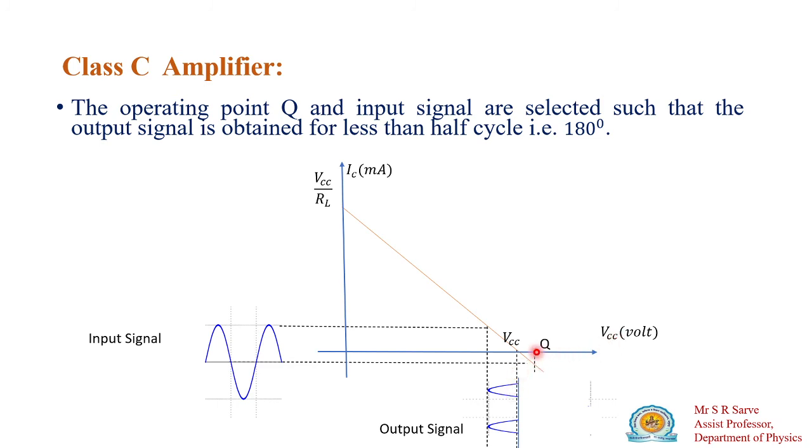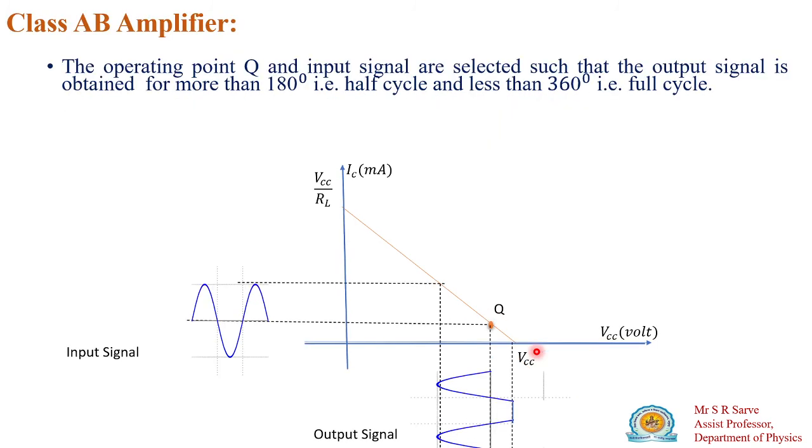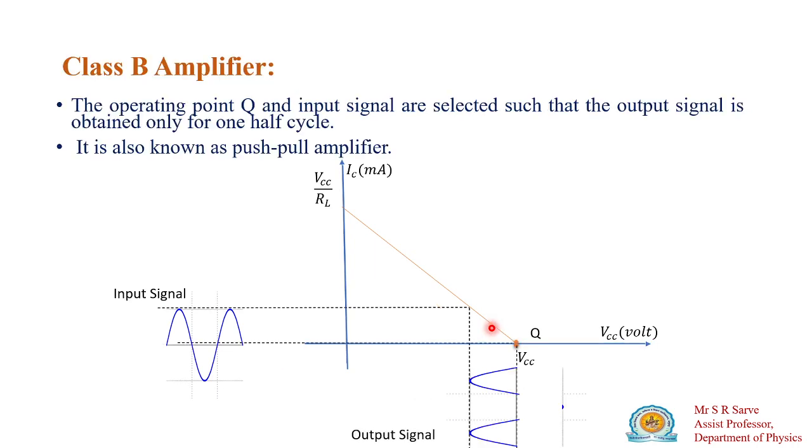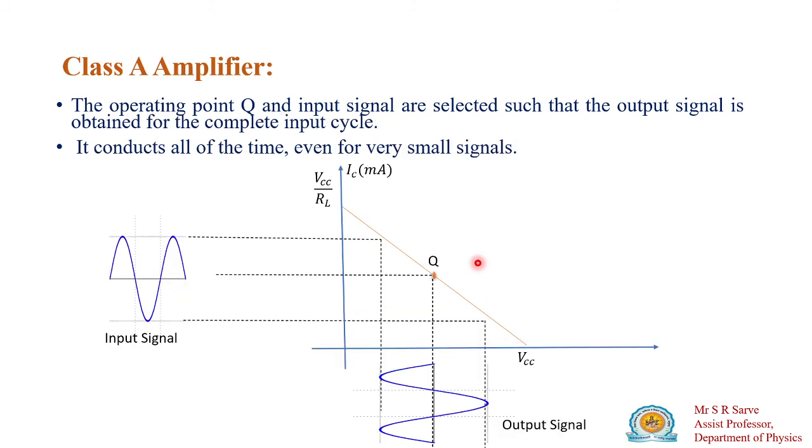Observe that the operating point in the class AB amplifier is above the x-axis. In the case of the class B amplifier, the operating point is on the x-axis, and in the case of the class A amplifier, the operating point is in the middle.